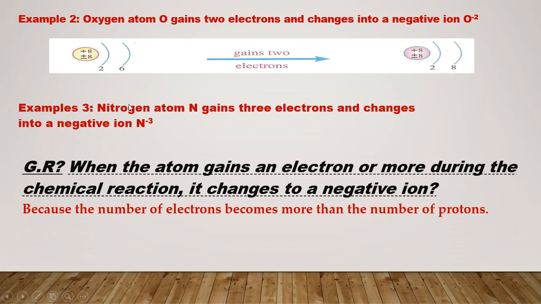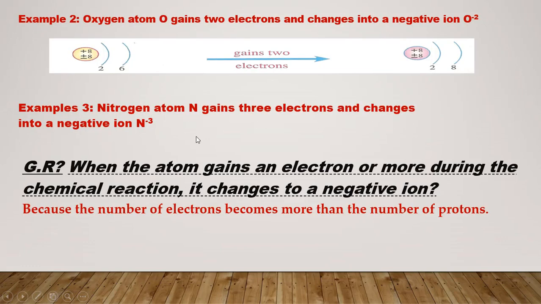Example number 2, oxygen atom. Oxygen contains 8 electrons, 2, 6. It needs 2 electrons to complete the outermost energy level, and it gains 2 electrons to complete its outermost energy level, so it will be 2, 8, and it changes into a negative ion O negative 2.